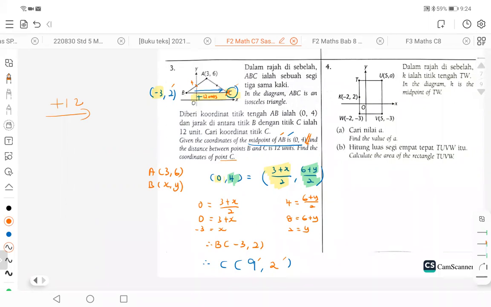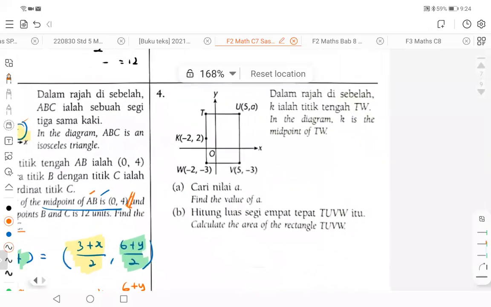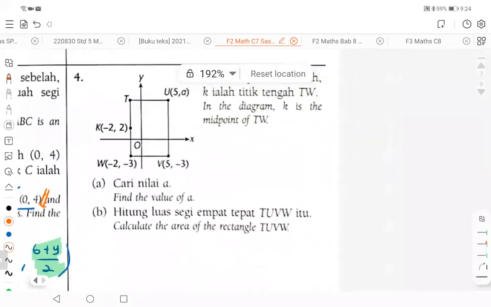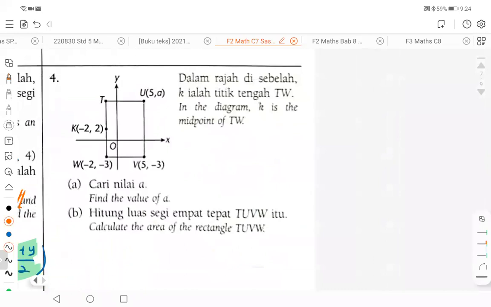Okay, so no questions. Move on to the last question here, number 4. In the diagram, K is the midpoint of T and W. So find the value of a.